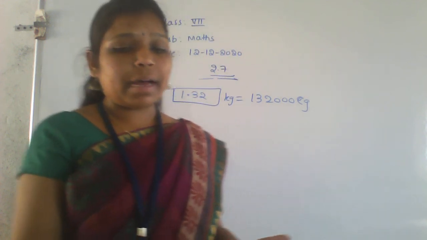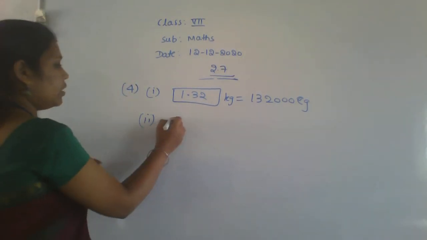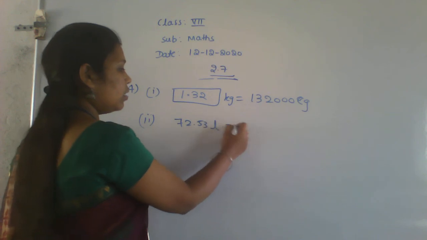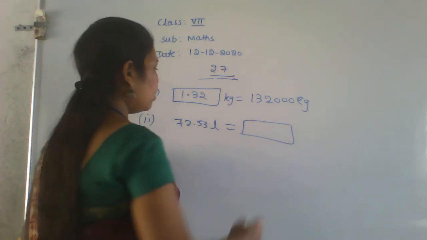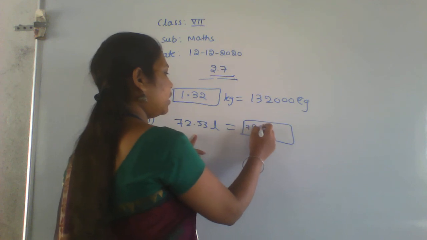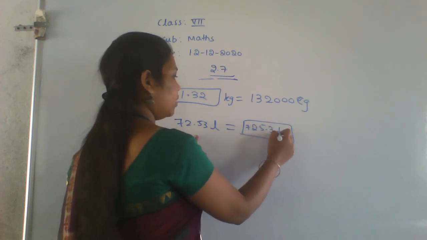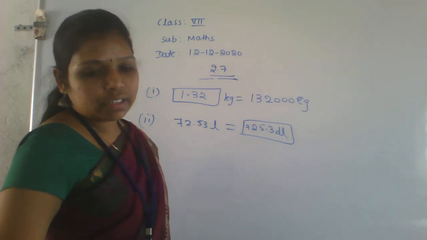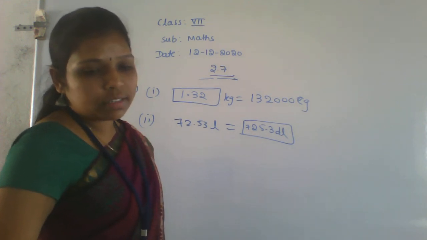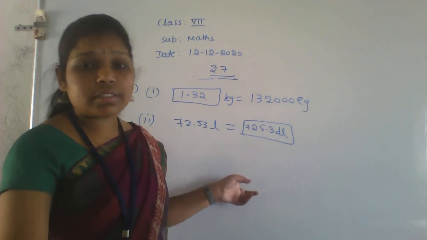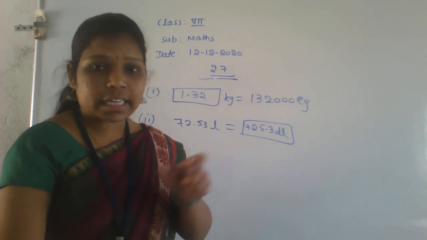So multiply by 10. Multiplying by 10 means the decimal point will shift by one place. 725.3 deciliter. Answer. Okay. So next one, 552.63. Similarly, like this only, do the conversions and write the proper answers in the given boxes.